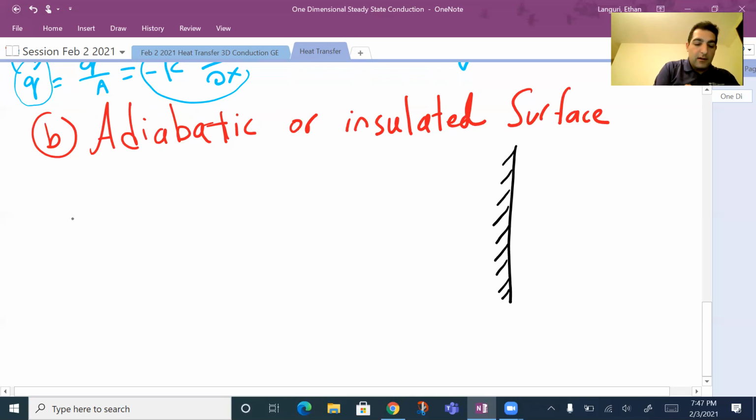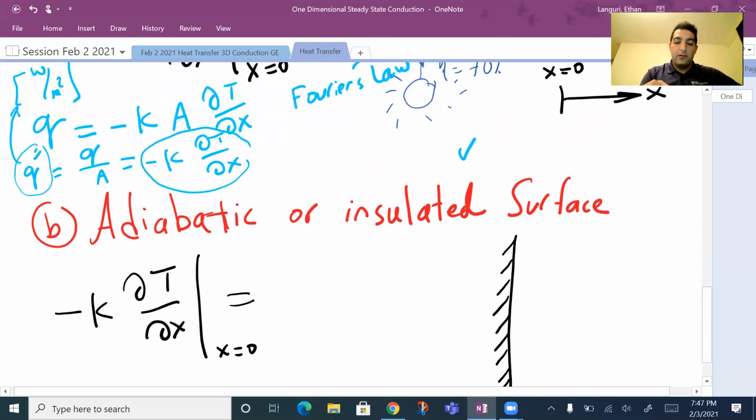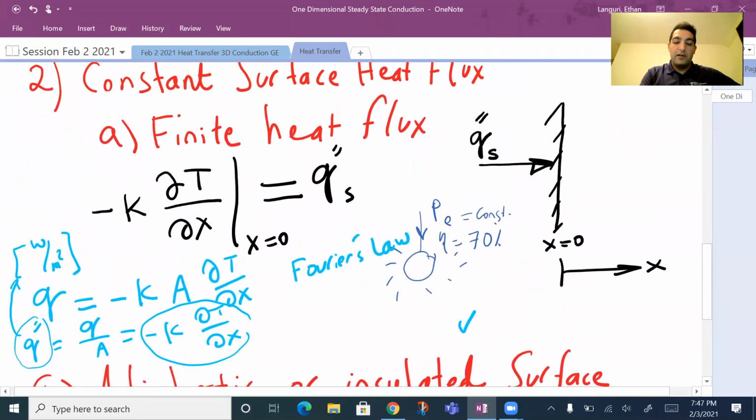So in this case, as we showed, minus K del T over del X at X equals 0. And by the way, this is my X equals 0, same as before, and this is the direction of the X. What happened to the heat flux? In the previous example, we had a finite heat flux.